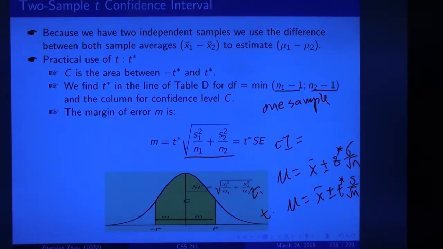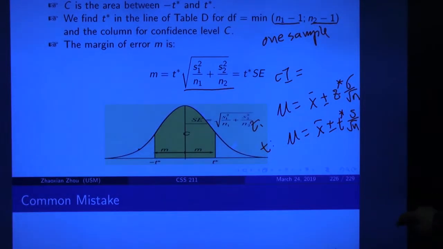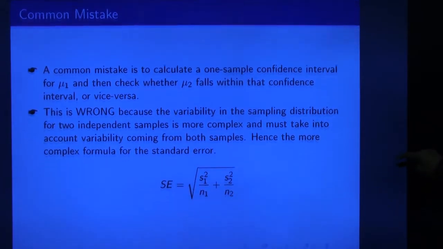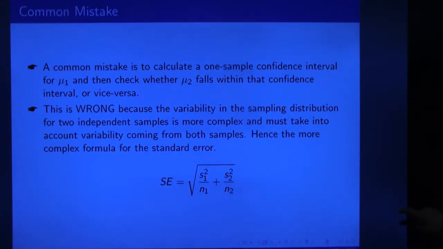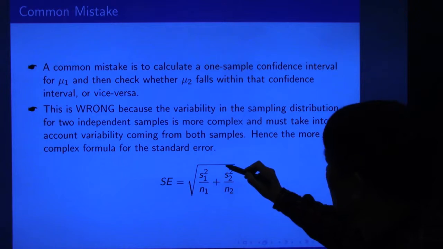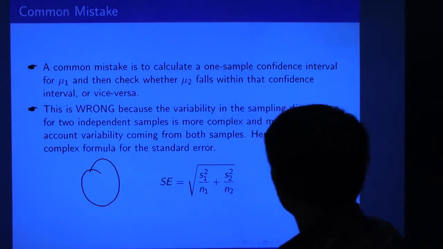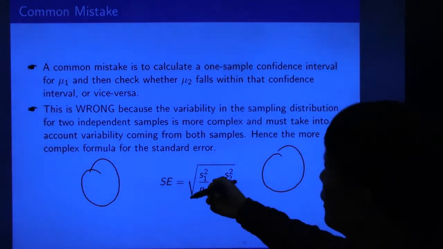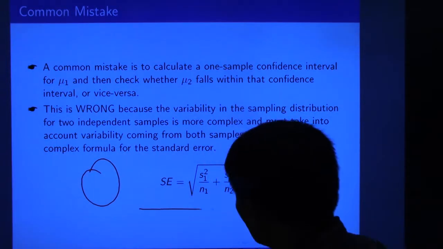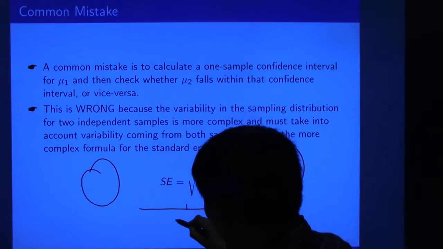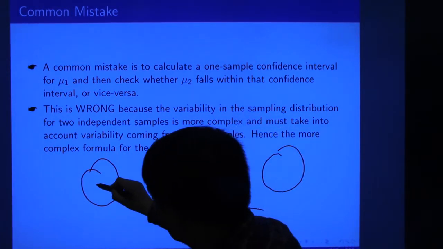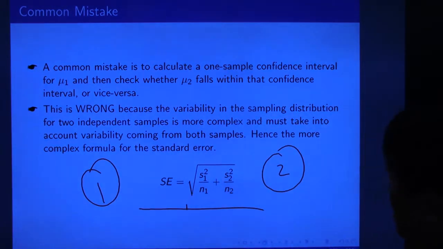Before we use an example to show how to calculate the two-sample t confidence intervals, we want to state a common mistake. When comparing two samples, we have two samples here. One is this, another one is this. What we can do is, for the first one, we calculate the mean of the population. So this is population 1, this is population 2.